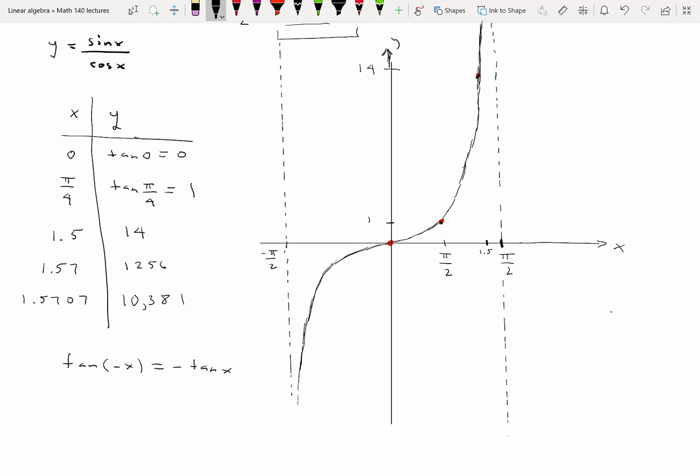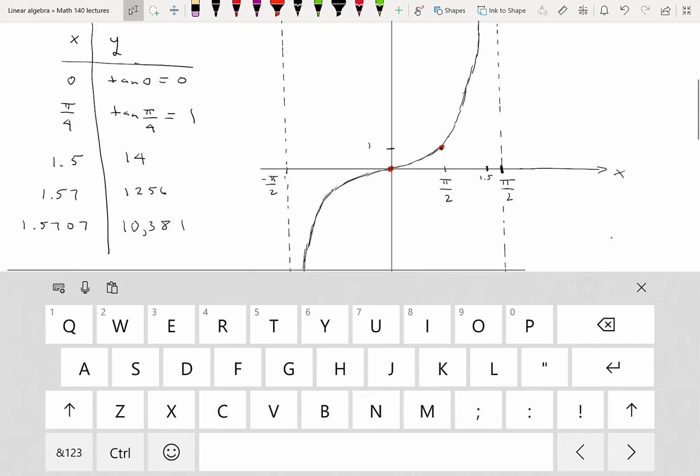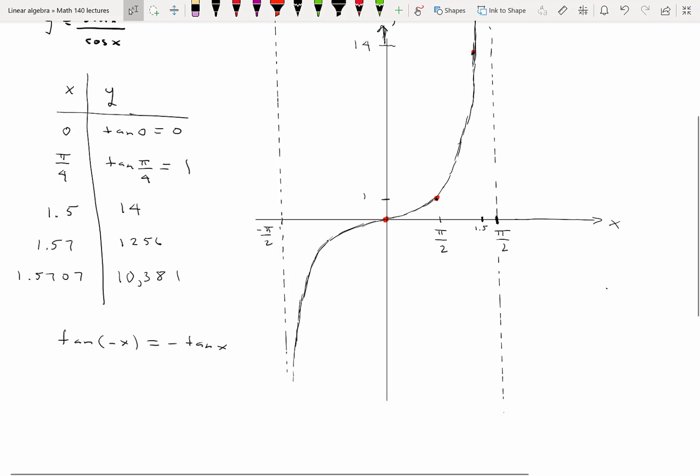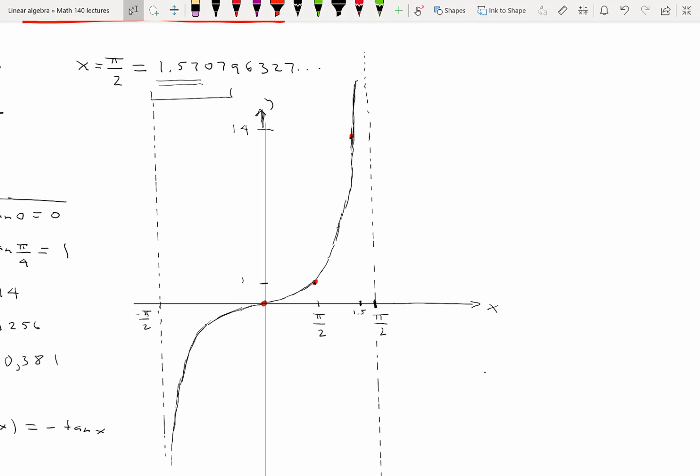And what you're looking at here is one period of the tangent function, and you ought to memorize it. This is one period of y equals tangent x. Now, how do I know it's one period?